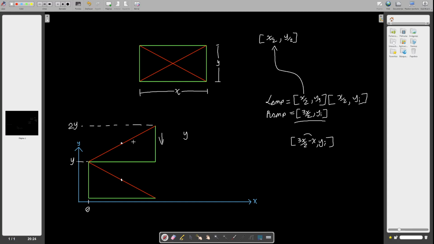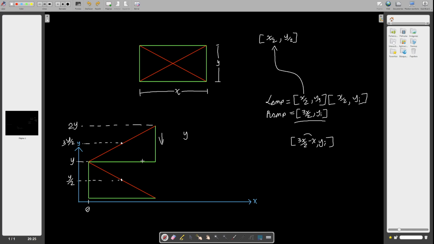So it's practically the same. I'm going to subtract y from it, and I'm assuming, of course, this is going to be 3 times y over 2, and this one is going to be at y over 2. So with this point, I already know its x coordinate is going to be x divided by 2. Both of them are located at x divided by 2.